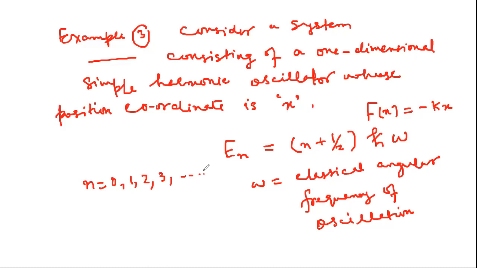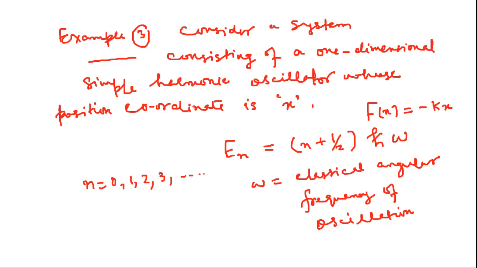So this quantum number n specifies the possible quantum states of this oscillator, right? So it can exist in the states specified by the value of n. So in this example, you see also there is a quantum number which specifies the state of our system.